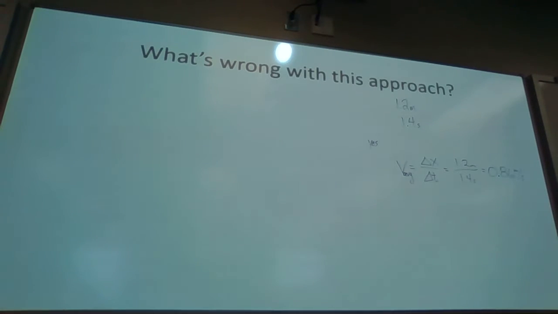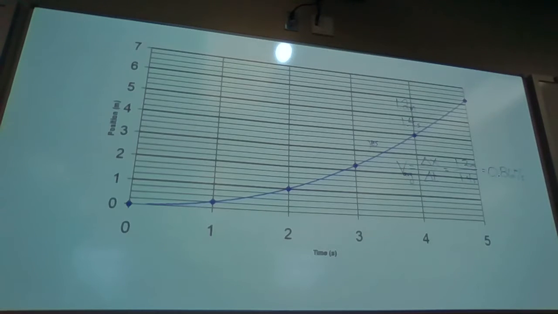So what's wrong with this approach? It gives us the average. So if I were to graph this motion of the bowling ball, and let's pretend the ramp is long enough to go 5 seconds, tell your neighbor how you would move to make that graph in a motion detector.